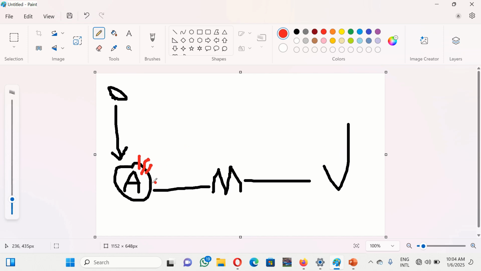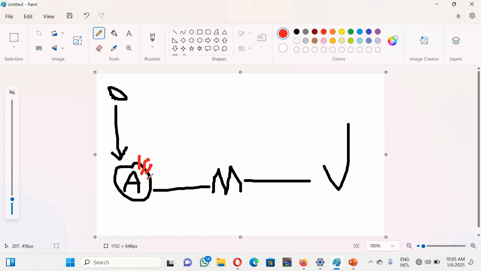We could see that the distance between A and M is shorter as compared to the distance between A and V, where M and V are observers.